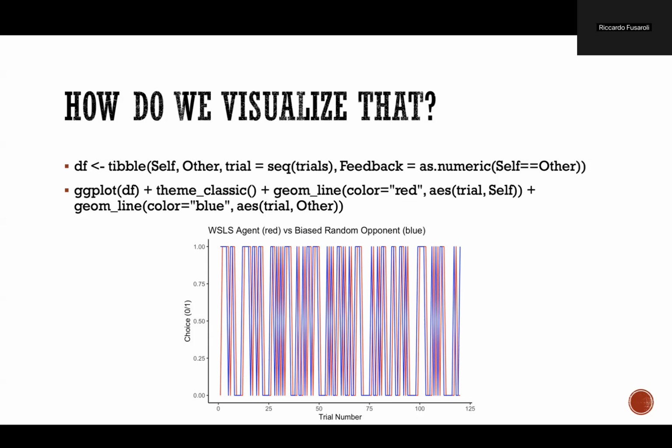You're right. But isn't the red always leading? I need to double check. I'll double check and let you know. But generally what we expect to see is the win-stay, lose-shift that follows the choice of the random bias, right?